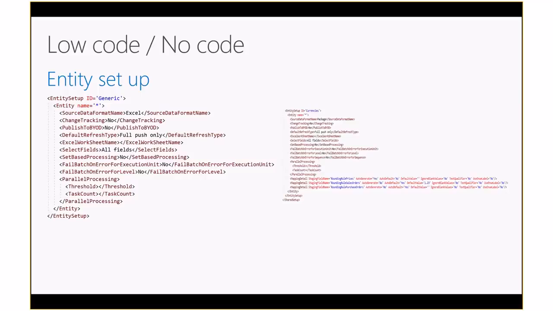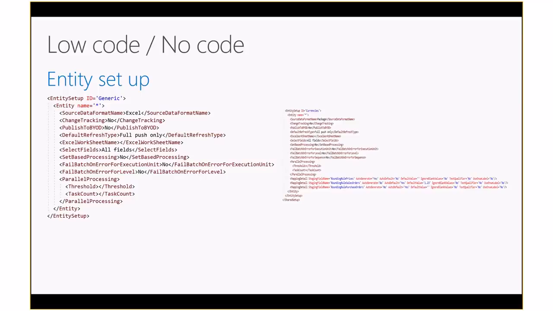Now, the other key piece I want to call out is that typically when we use data packages, there is of course more than one entity, but in general, when we deal with demo data packages or even bigger implementations, they may have hundreds of entities. The demo data packages that we ship go all the way to 400-plus entities in the same data package.